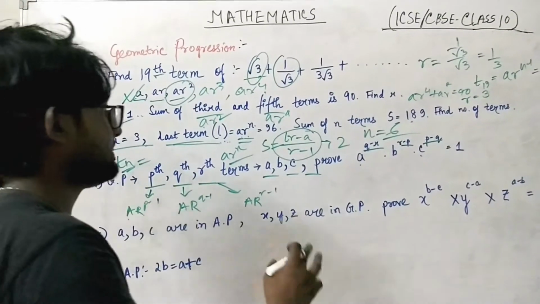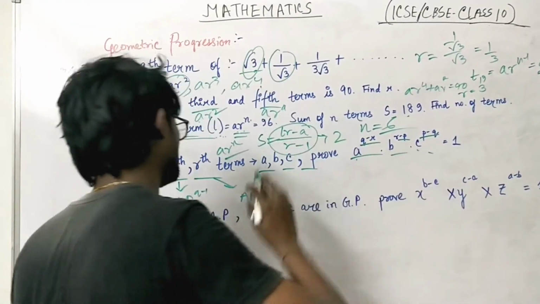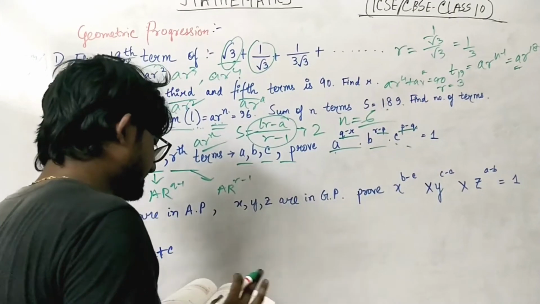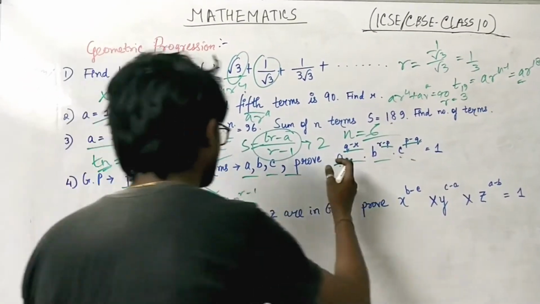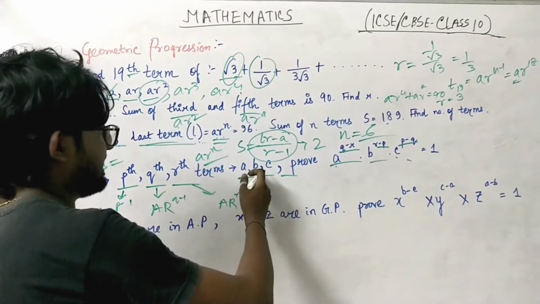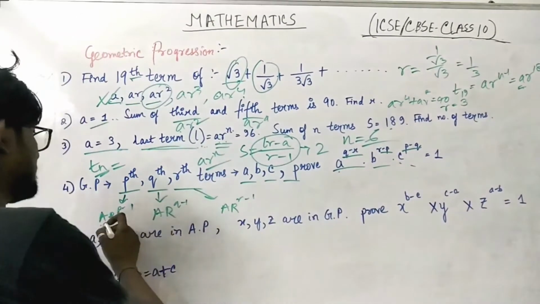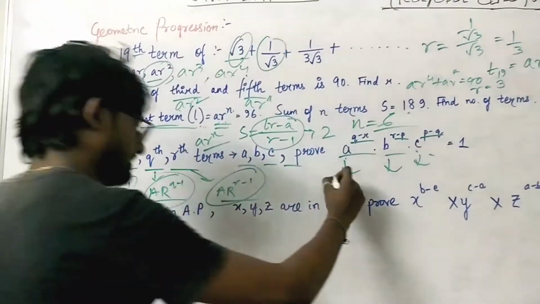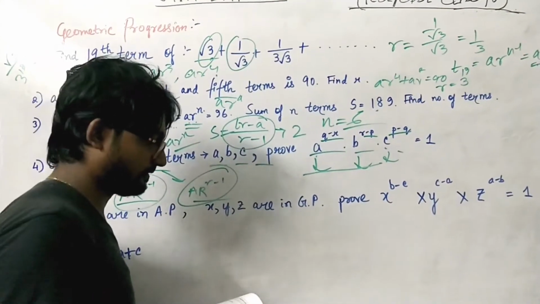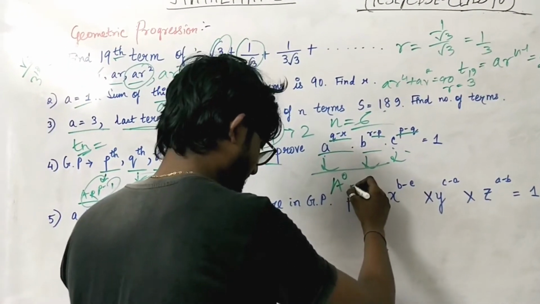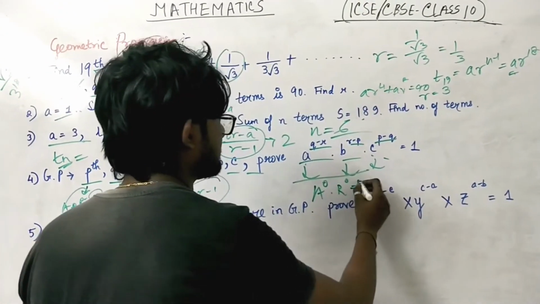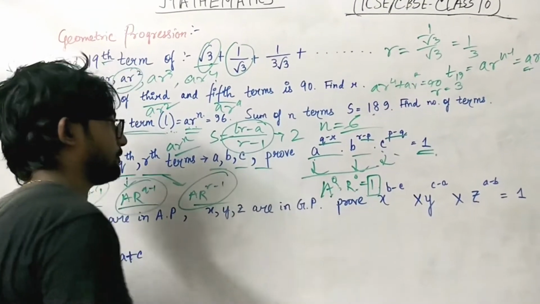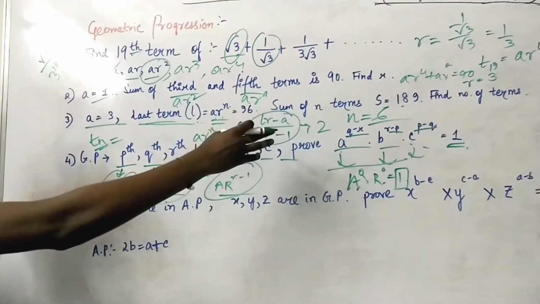If we put these values in for A, B and C and solve, you will get A to the power 0 into R to the power 0 equal to 1. You have to prove it is equal to 1. Something to the power 0 is obviously 1, so 1 into 1 will come 1. We have to solve this sum by putting these values in.